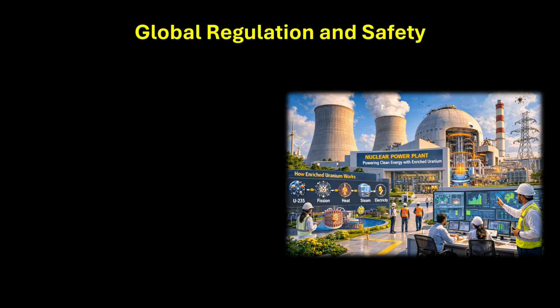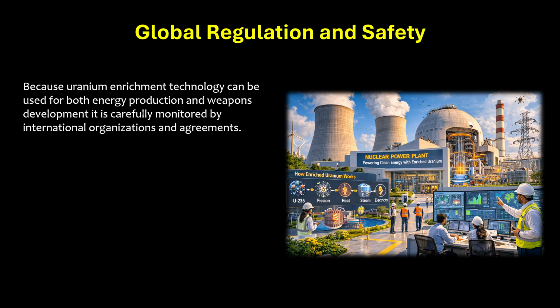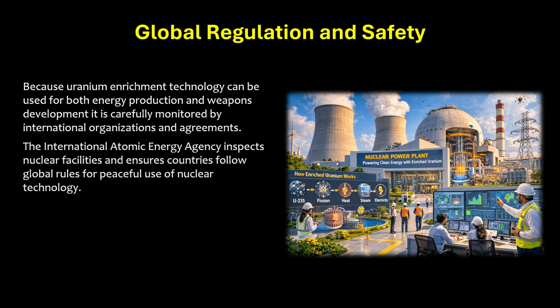Global regulation and safety. Because uranium enrichment technology can be used for both energy production and weapons development, it is carefully monitored by international organizations and agreements. The International Atomic Energy Agency inspects nuclear facilities and ensures countries follow global rules for peaceful use of nuclear technology.